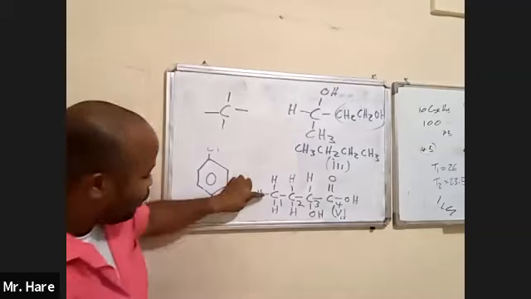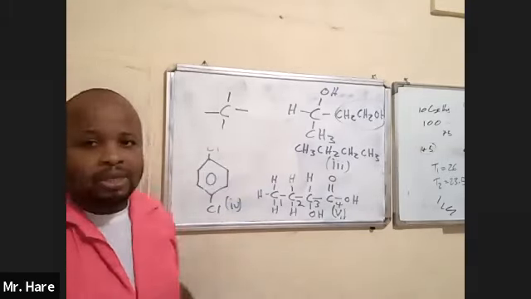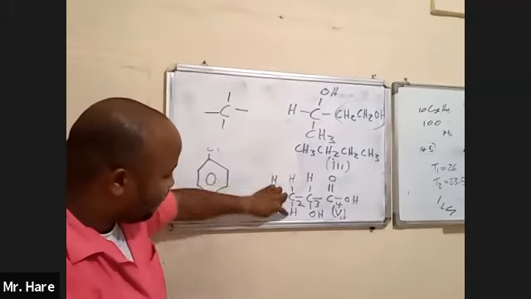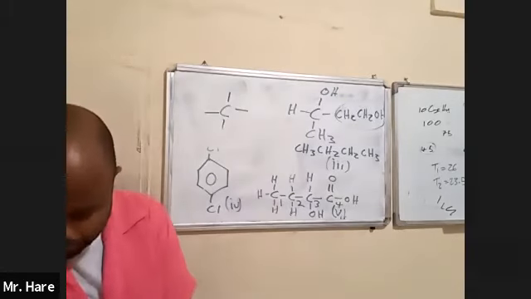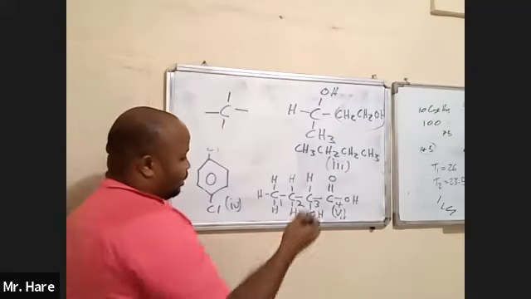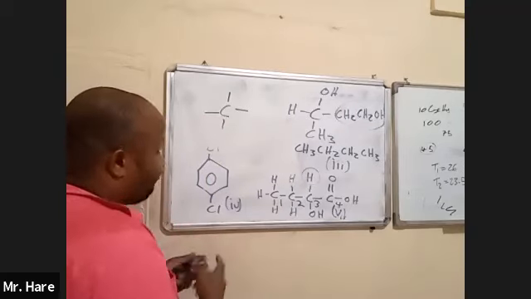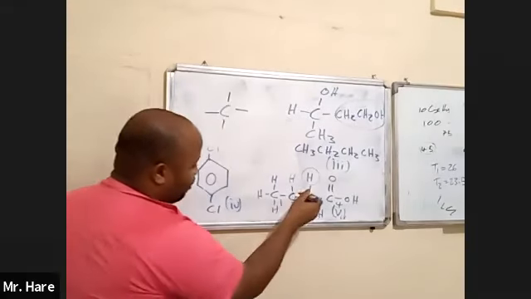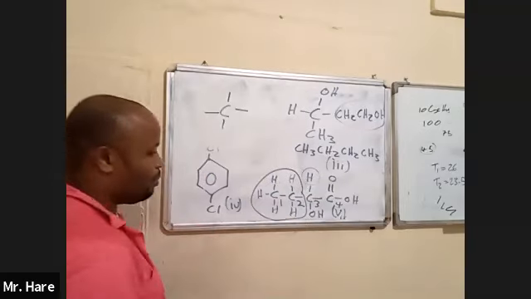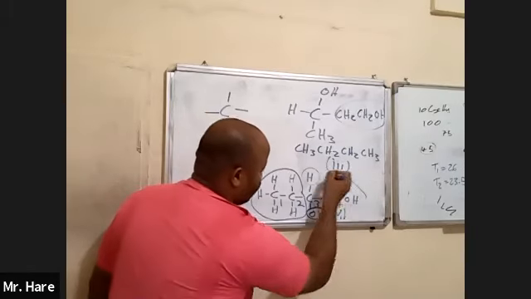If you look at carbon number 1, 3 hydrogens are attached to it, so it cannot be chiral. It must have 4 different groups. Carbon 2 has 2 hydrogens attached to it. Carbon number 3 has a hydrogen attached to it, an ethyl group to the left, a hydroxyl group below, and a carboxylic group to the right.